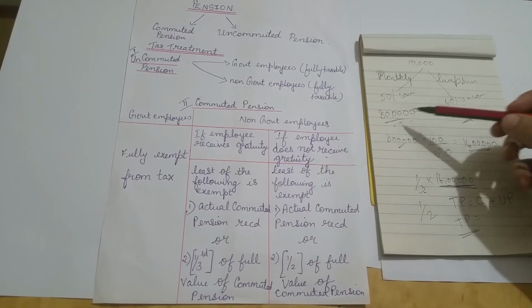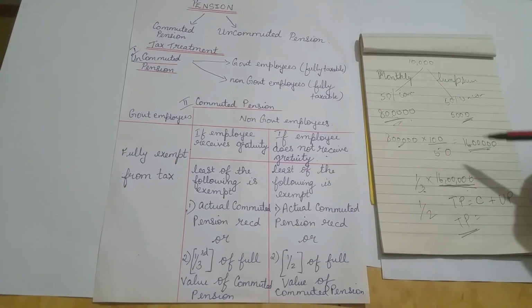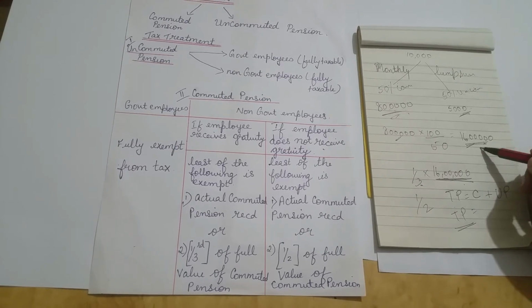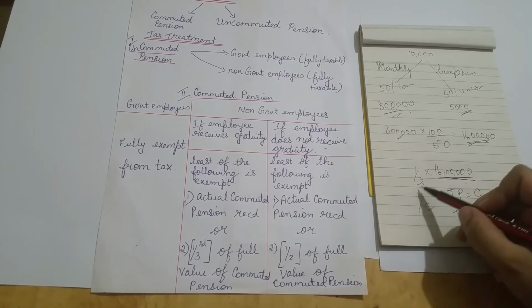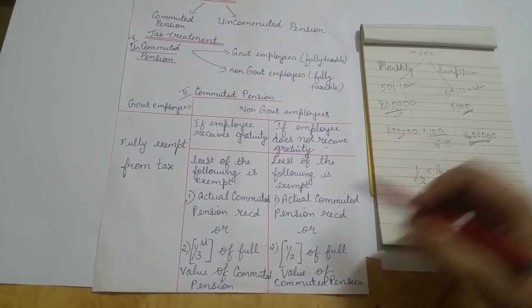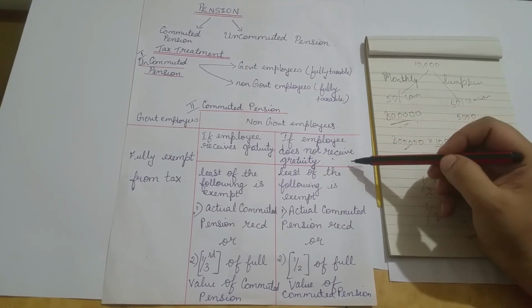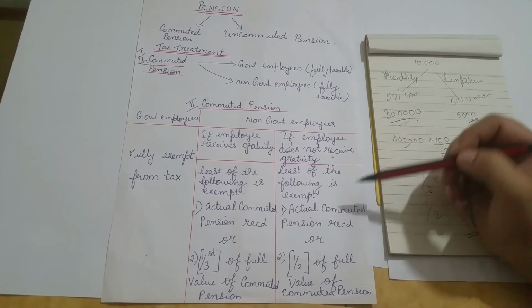Like in this case, I said 50% was given away. So 100% of pension will be 16 lakhs. So 16 lakhs is the full value of commuted pension. In this 1/3, whatever amount I get has to be written over here. Then, on the other hand, if the employee is not receiving gratuity, again, least of the following is exempt.